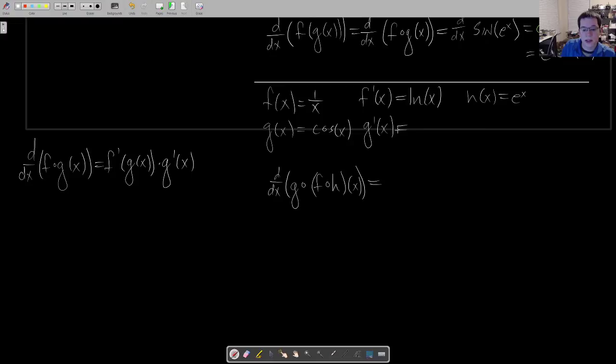G prime of x, if the derivative of sine is cosine, and then the derivative of cosine is negative sine x, and then h prime of x equals e to the x. I want that to be a negative, and that's negative e to the negative x.